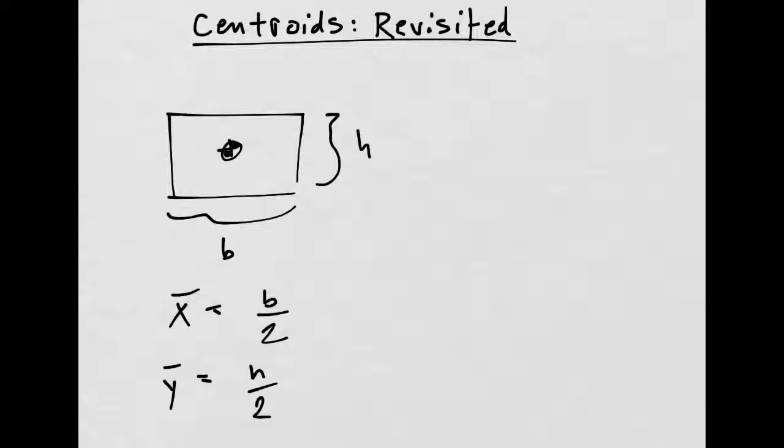That's just the distance from the reference axis if you choose the reference axes to be the normal x and y axes. So that's for a rectangle or a square.